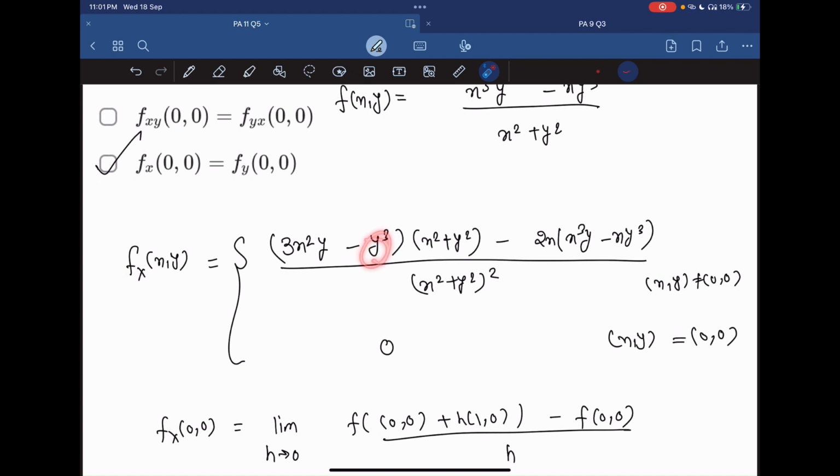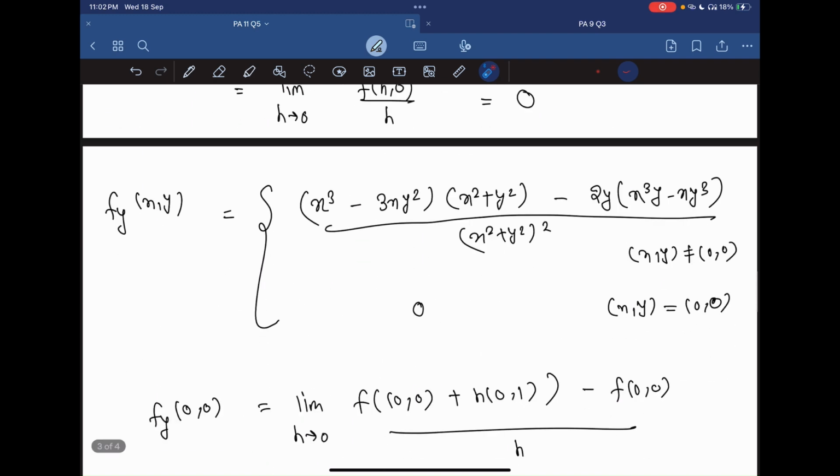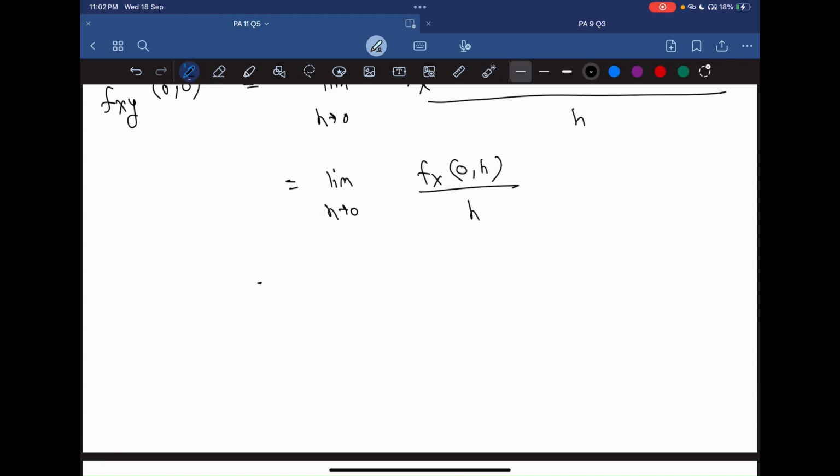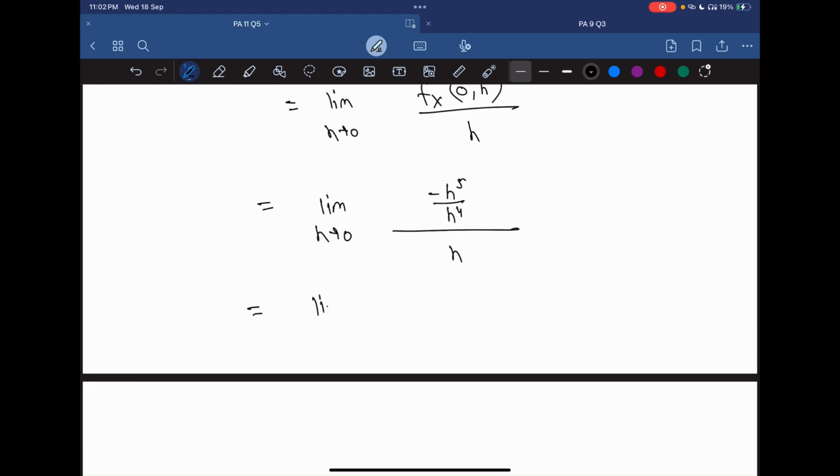And y is h. In the denominator, the x term would be 0 and we have y square, so it would become h square and the whole square, so h power 4. So we will get minus h power 5 divided by h power 4, and then divided by h.